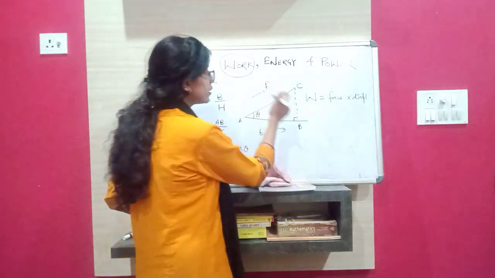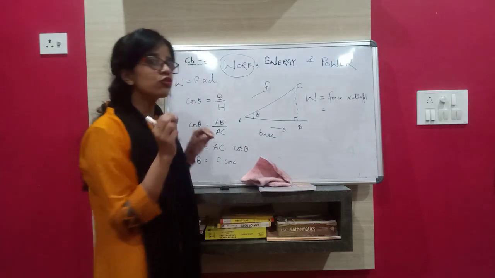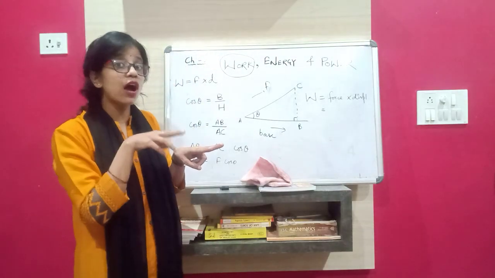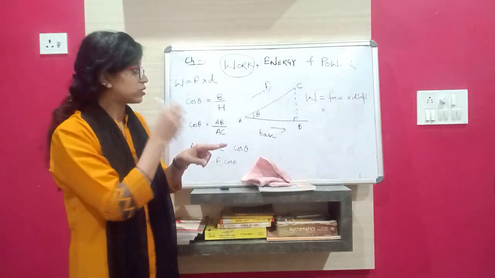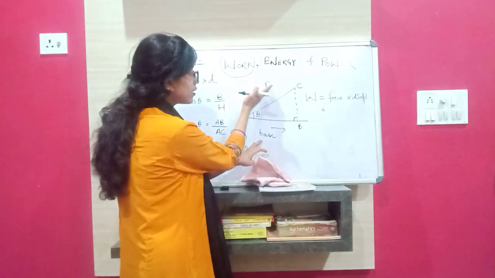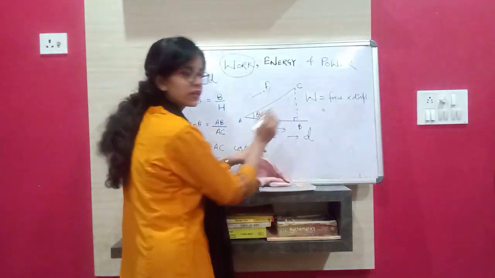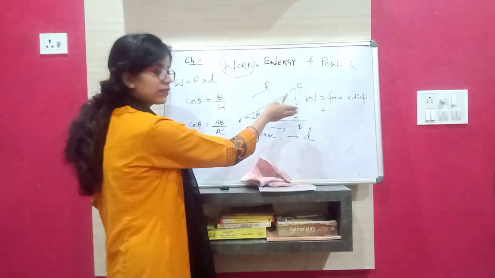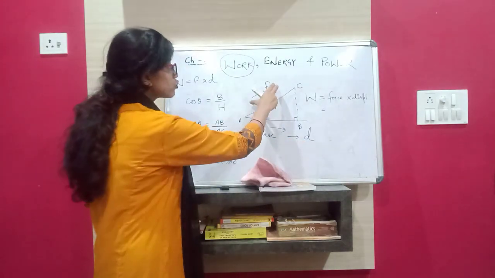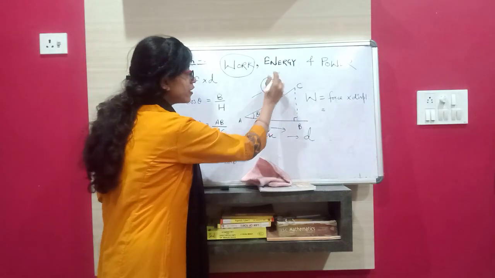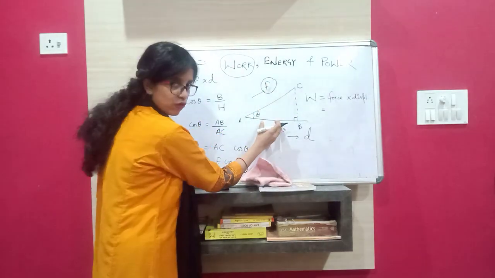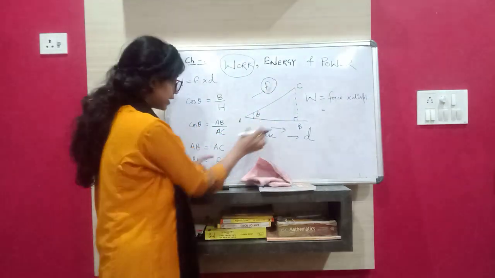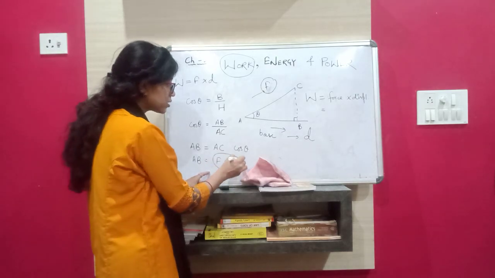So if we are taking force and displacement, we should be taking the force and displacement which are in the same direction. So here if we are taking this as the direction of displacement, force should also be in the same direction, because displacement we have already taken in this direction. So this force F, we have broken the effect of force, which we call the component, is actually F cos theta.